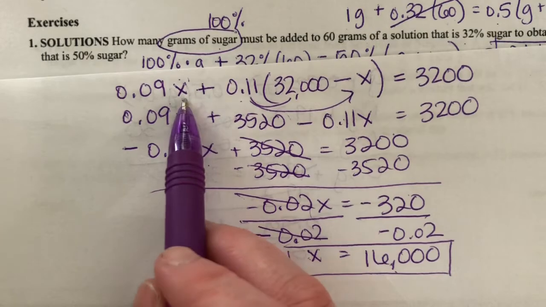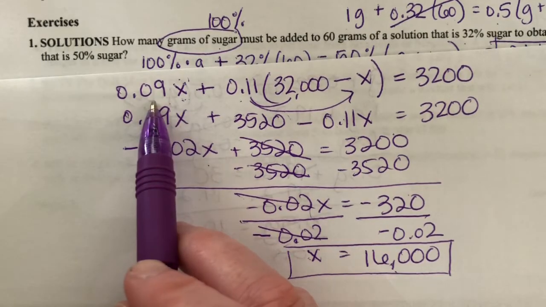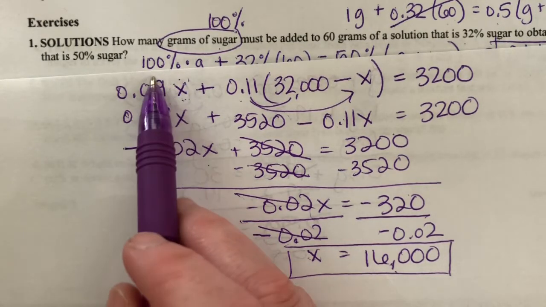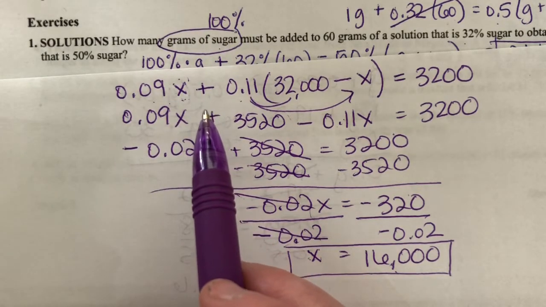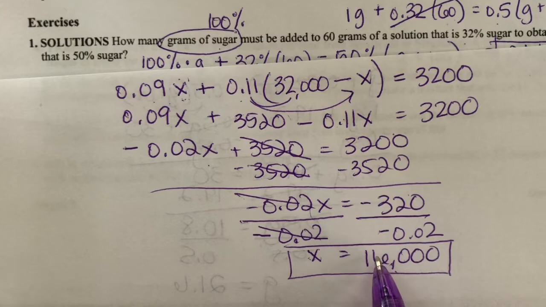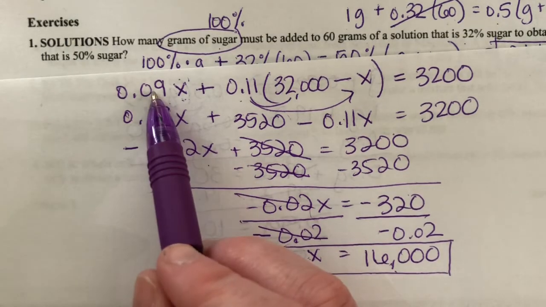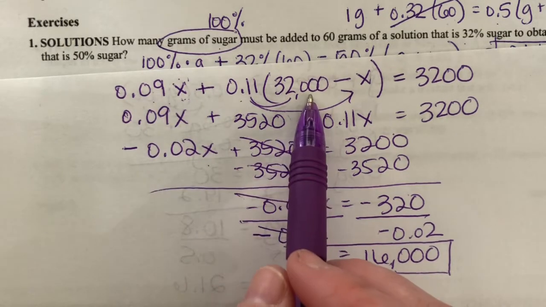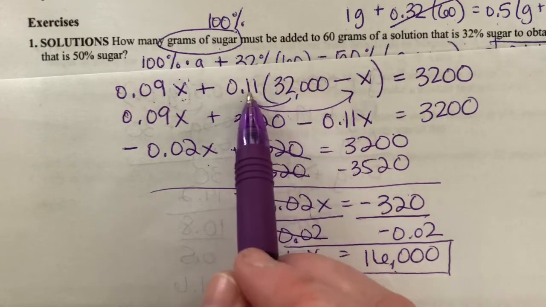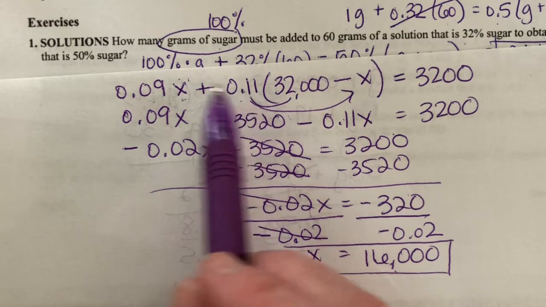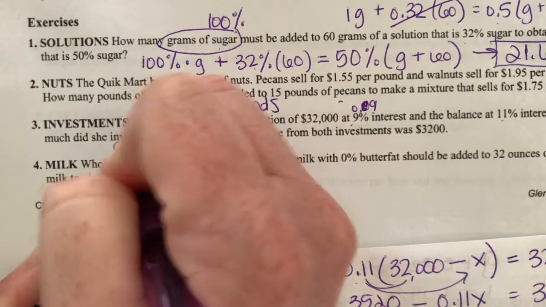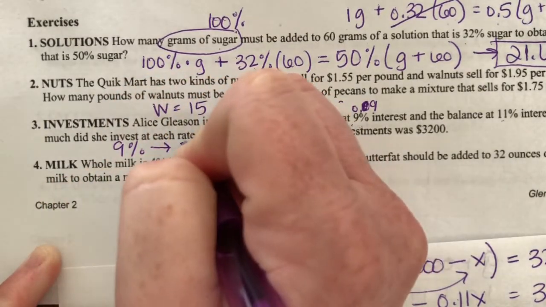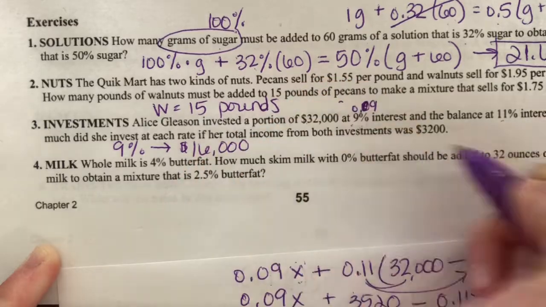Well, what was x again? X was the amount that I invested at 9%. So they invested 16,000 at 9%, and whatever was left over of the 32,000, they invested at 11%. So 9% was 16,000.